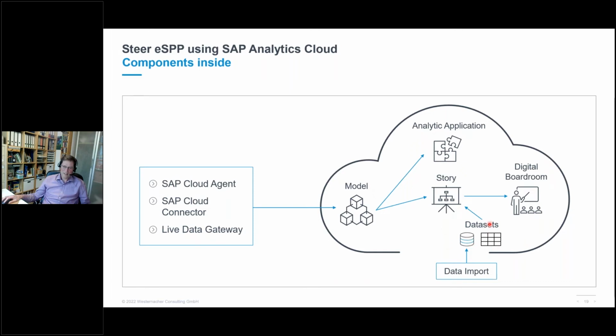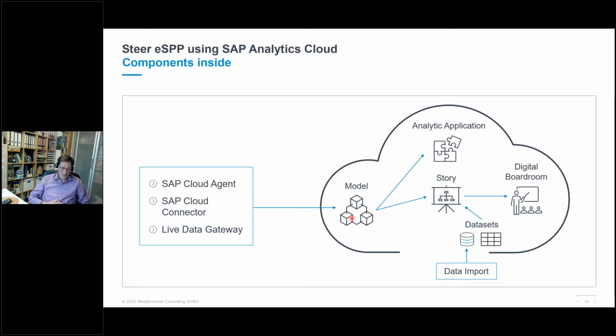And this easy way of doing a story and presenting it is complemented by the model. That is the more complex one. So you usually have a large amount of business data, not single tables.